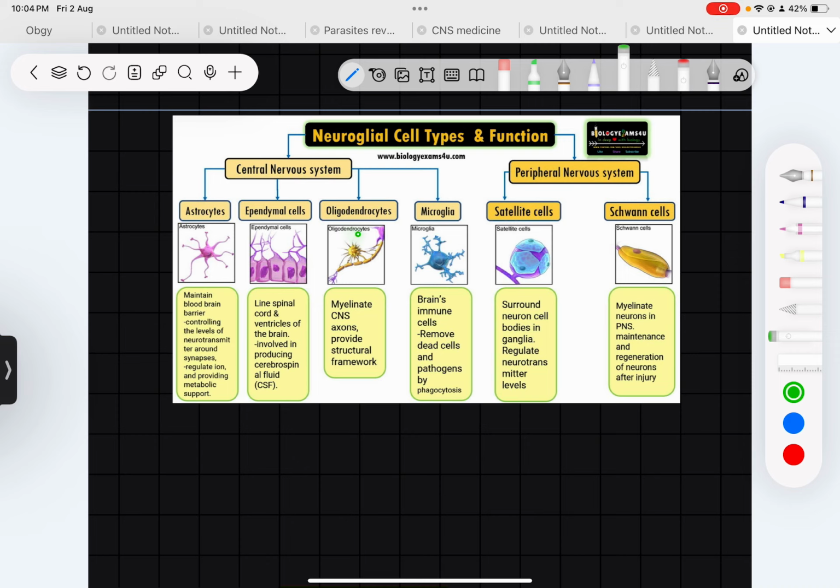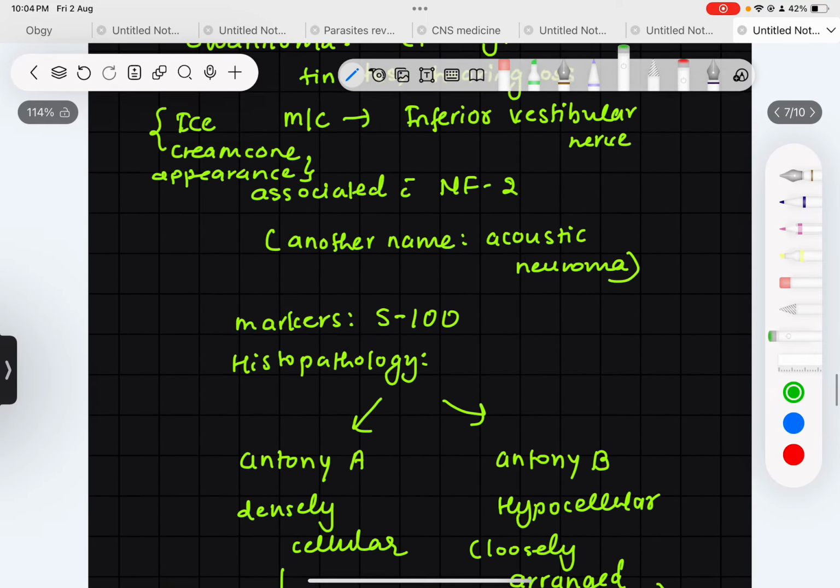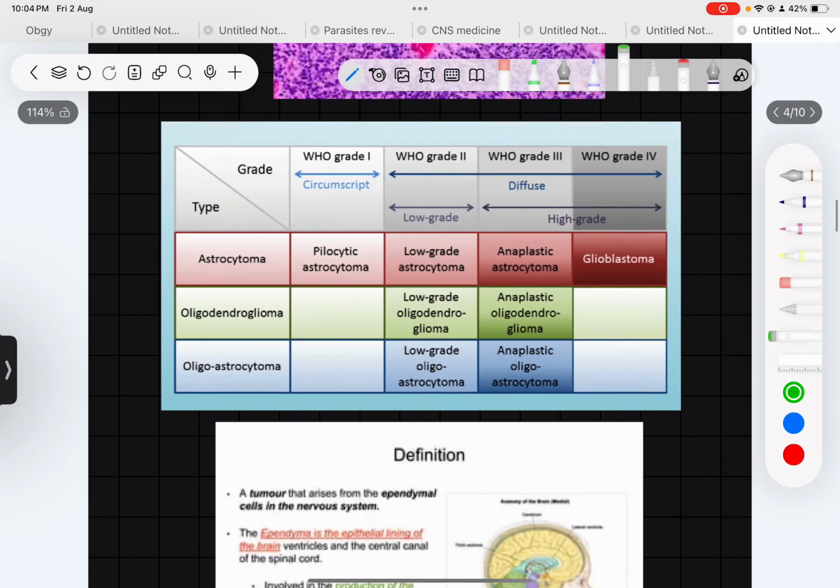Then we will learn oligodendroglioma. Oligodendrocytes are the myelinating cells in the central nervous system, while Schwann cells are the myelinating cells in the PNS, while astrocytes are important in maintaining the blood-brain barrier. Okay, so let's see now the glial cell tumors.